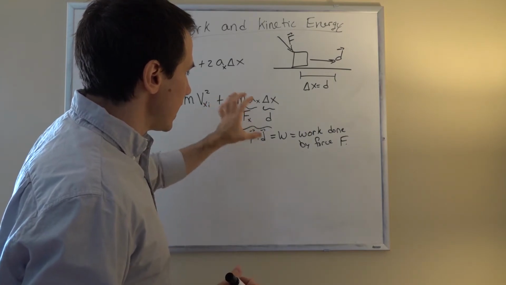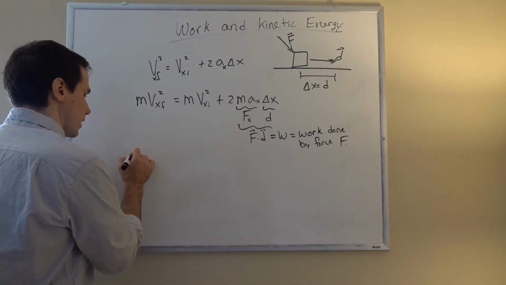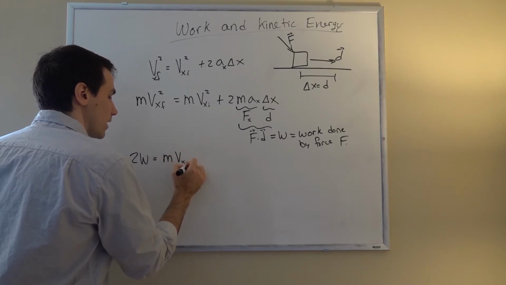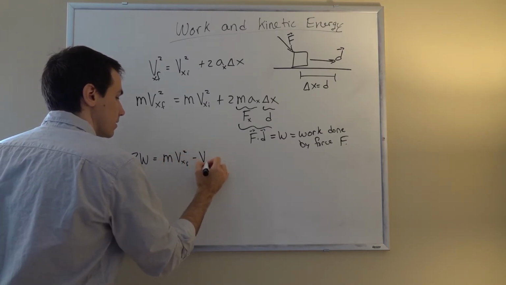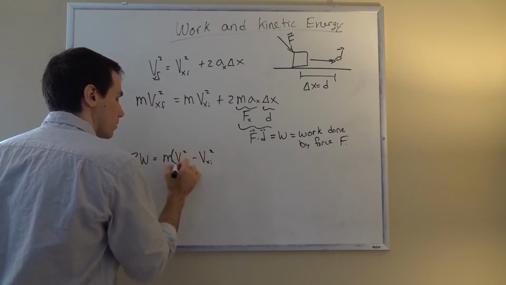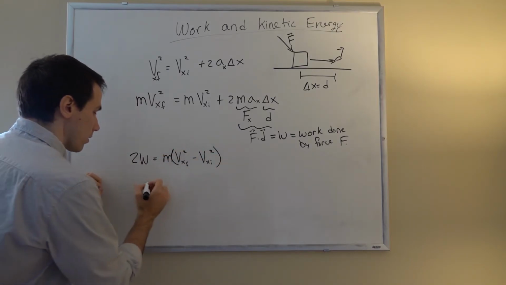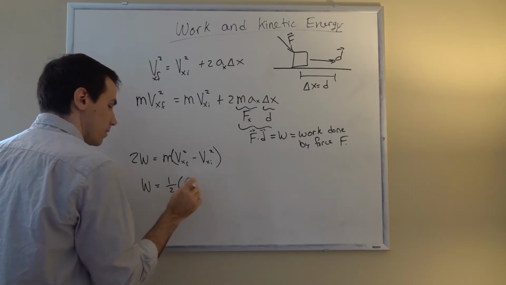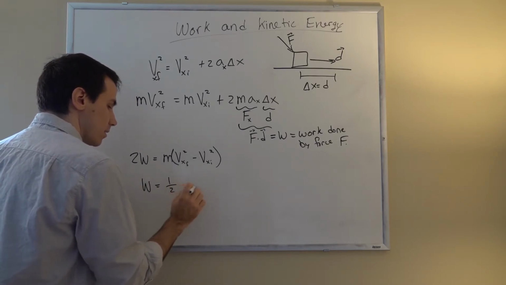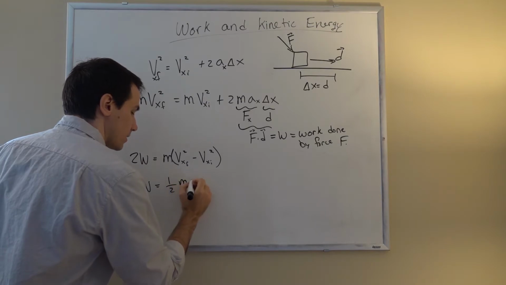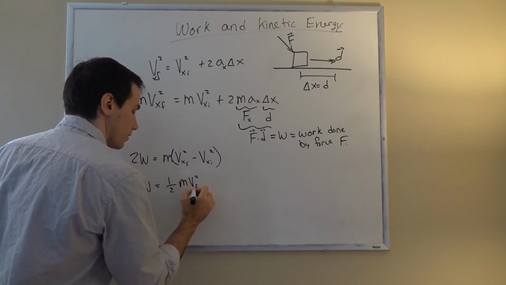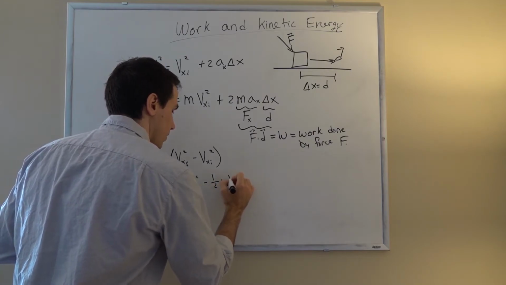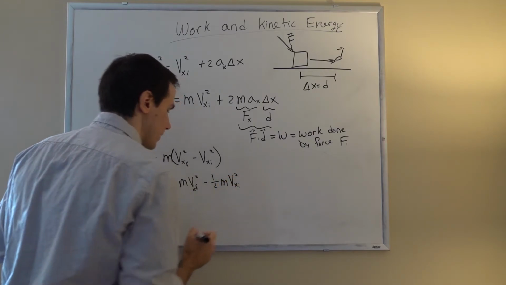Okay, so now I'm going to rewrite this equation as 2 times the work equals m Vx final squared minus m Vx initial squared. Or work equals 1/2 times the mass times V final squared in the x direction minus 1/2 m Vx initial squared.